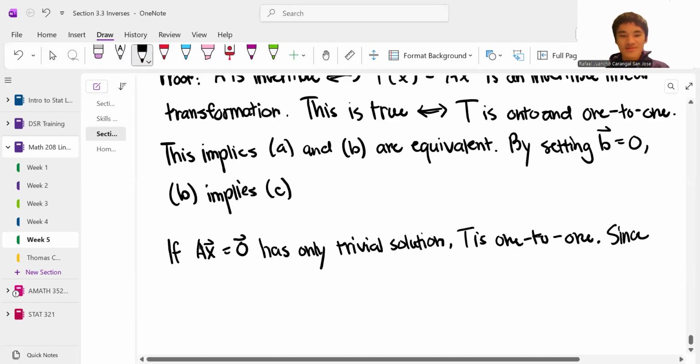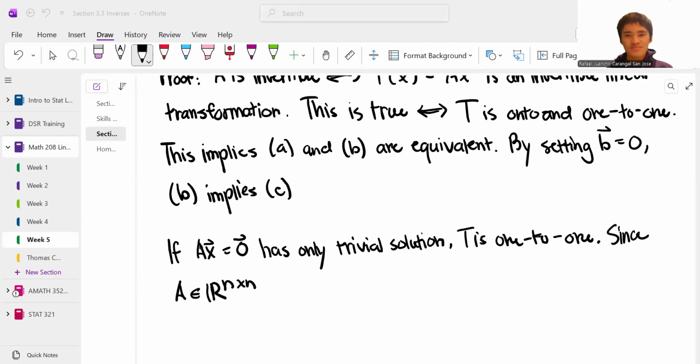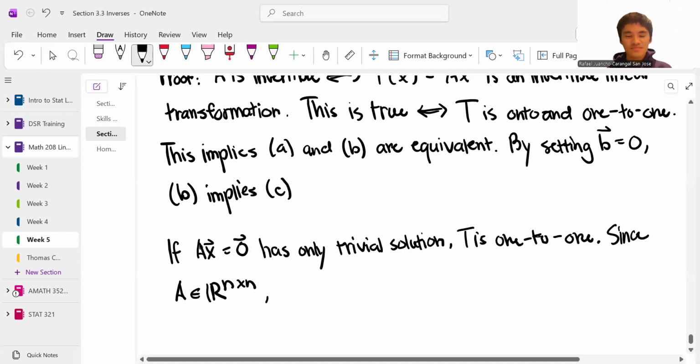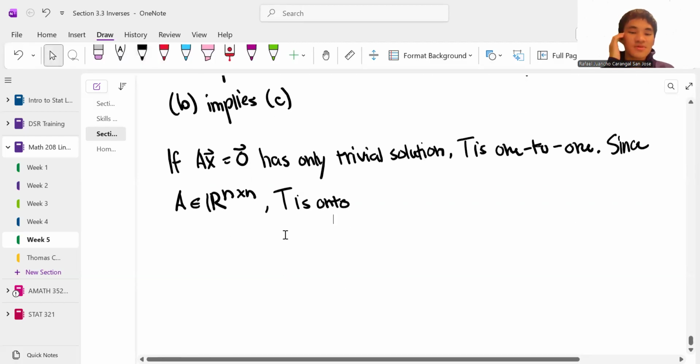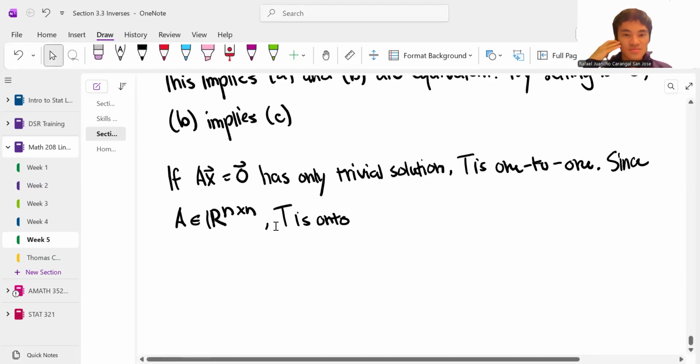We'll continue. Since A is a square matrix, n by n, could be any letter honestly, by another theorem T is onto. I'm not going to say what that theorem is, but basically the idea is if it's a square matrix, T is onto. Why?